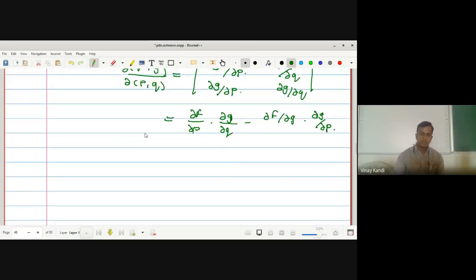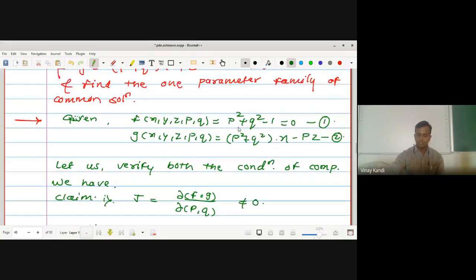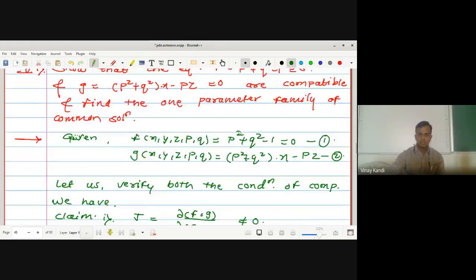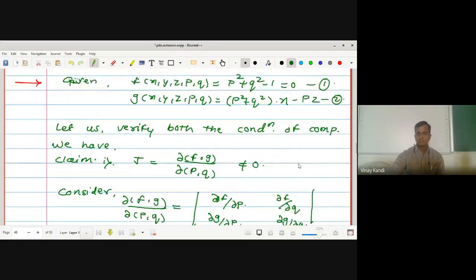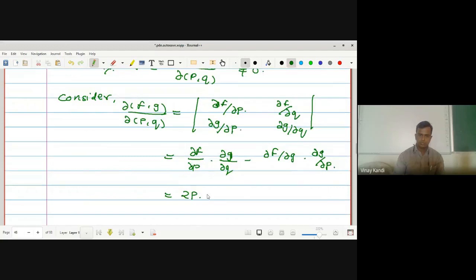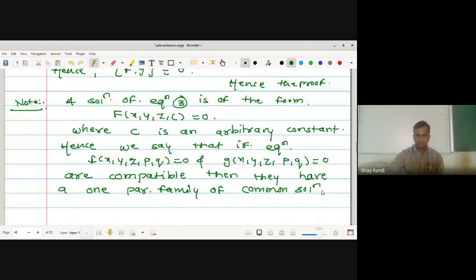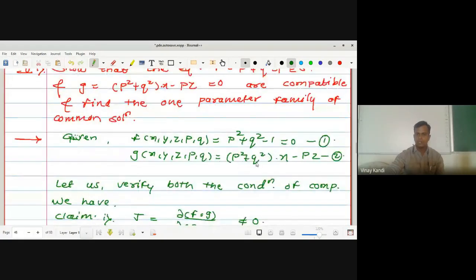Now what is the value of this one? dou f by dou p is 2p, dou g by dou q is 2qx minus, and dou f by dou q is 2q, and dou g by dou p is 2px minus z.